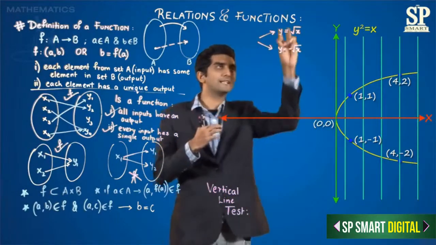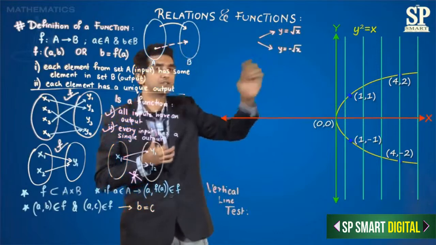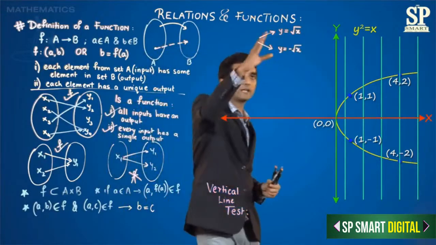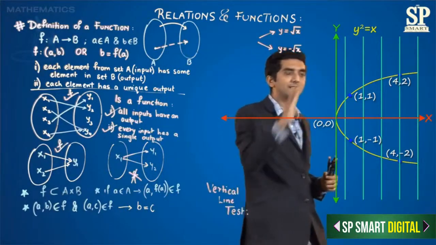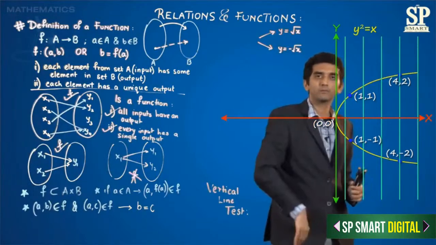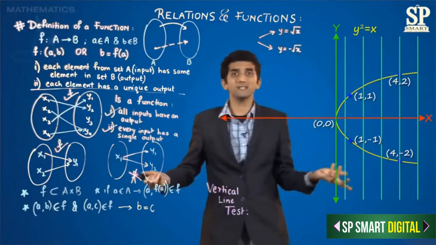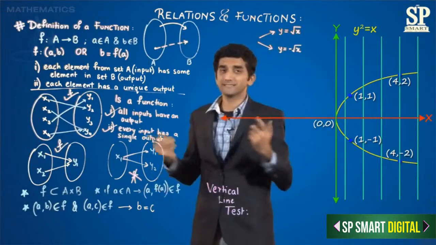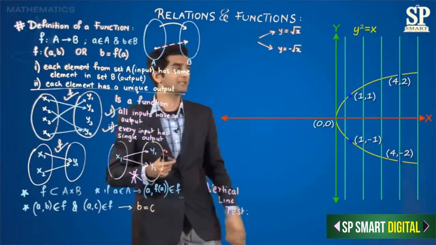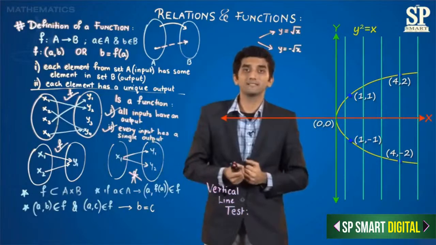So if we treat each one of these relations individually, so basically y equal to root x is this. If I treat this individually and forget about the bottom graph, then this is still a function. Y equal to root x is a function because it satisfies the vertical line test as well.